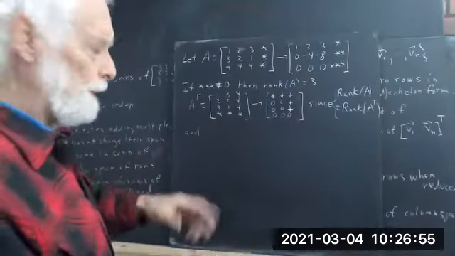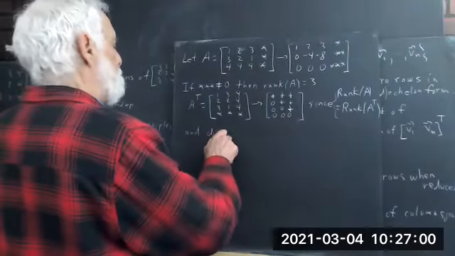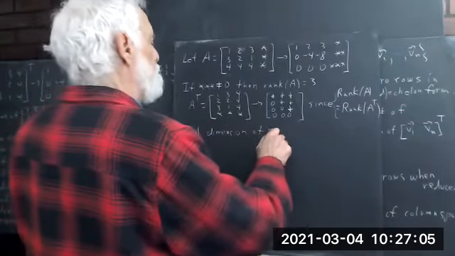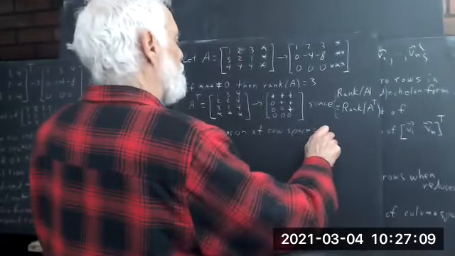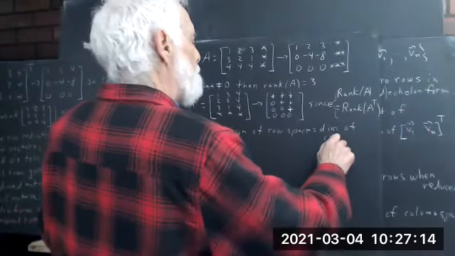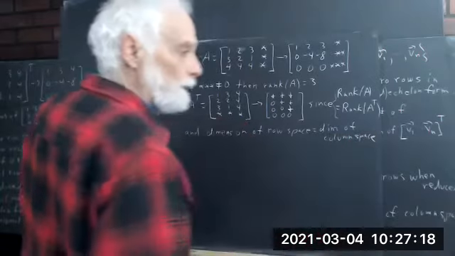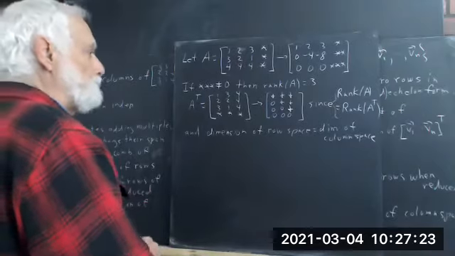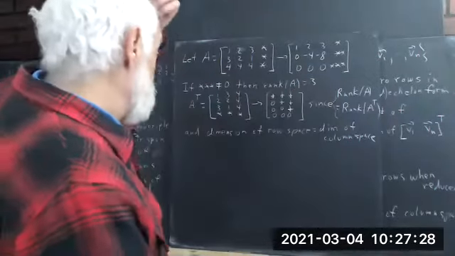Now, once you have that, you establish that the dimension of the row space equals the dimension of the column space. Why does this say the same as this?